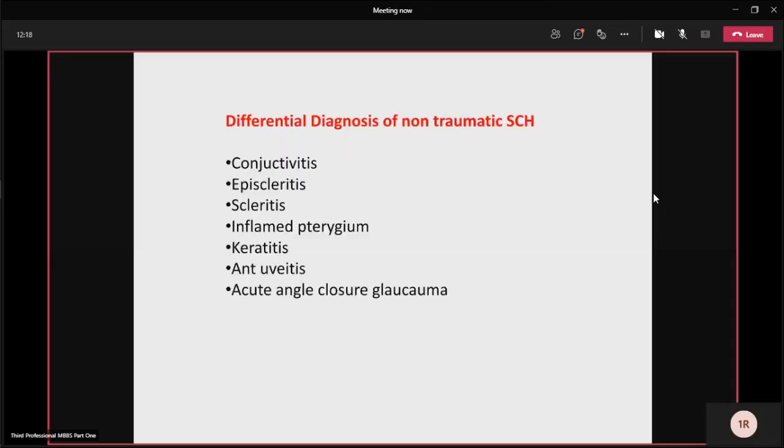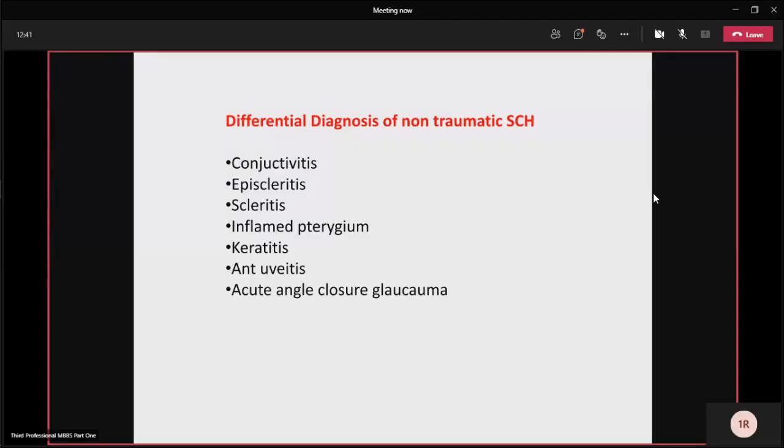But in episcleritis and scleritis, you have to differentiate whether it is subconjunctival hemorrhage, because in episcleritis generally the prominent blood vessels over the sclera are congested. So if you put a topical phenylephrine drop, then after 5 minutes you will see that the dilated vessels seen in episcleritis will be constricted.